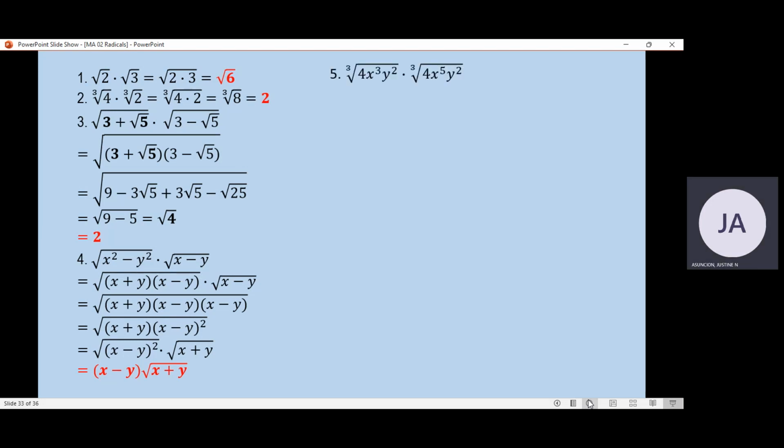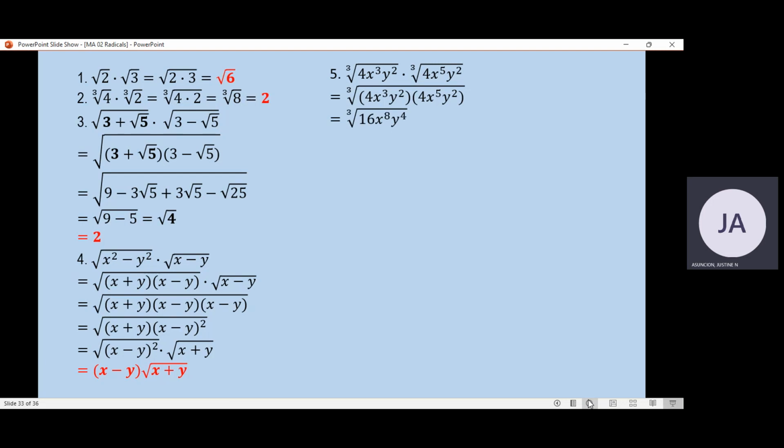And then let's have example number 5. The cube root of 4x cubed y squared times the cube root of 4x raised to 5 y squared. Again, same index, so multiply. Here we need to identify the perfect roots.